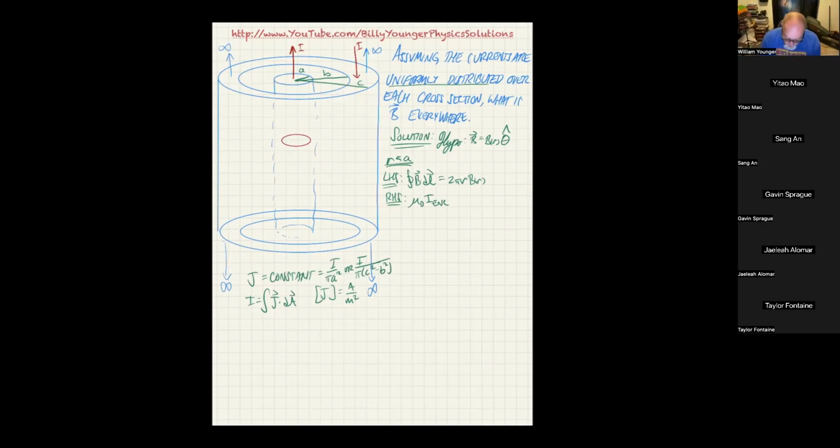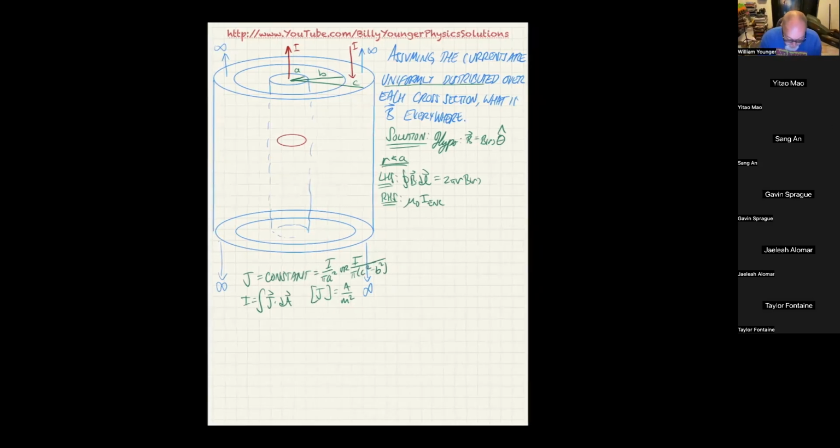So if I want to know what I enclosed is for a given radius R, let me work it out down here. I'm going to say I over pi a squared is equal to I enclosed over pi r squared.